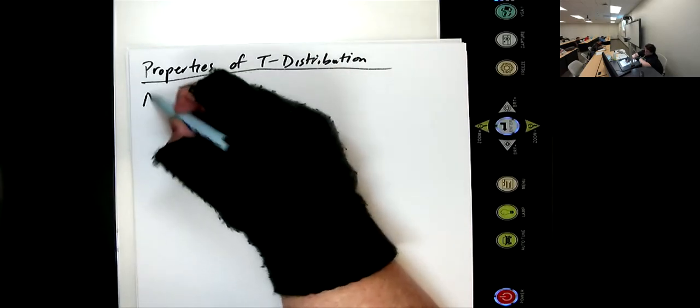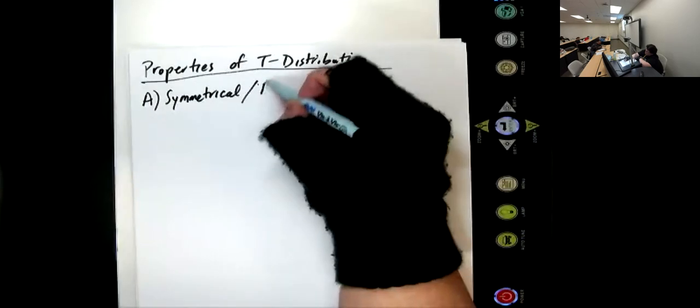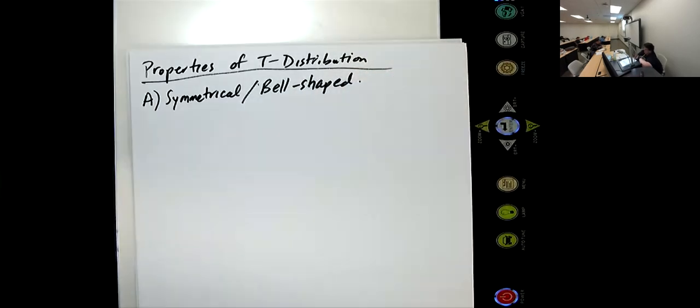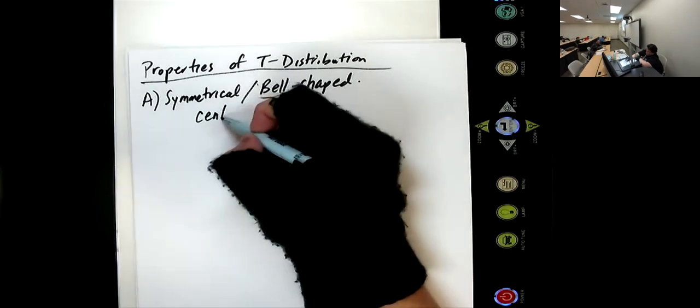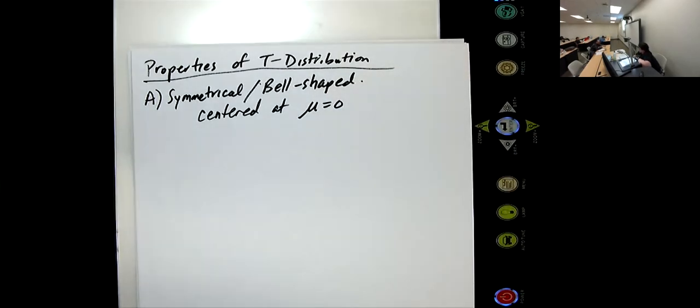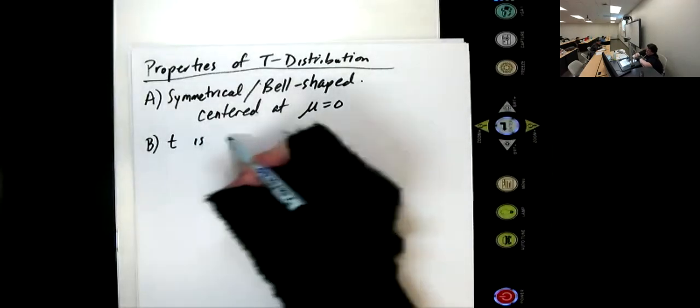Well, the t distribution is symmetrical and bell-shaped. So it looks a lot like the normal distribution. And it's centered at the mean equals 0. What's crazy is t is different depending on the sample size.